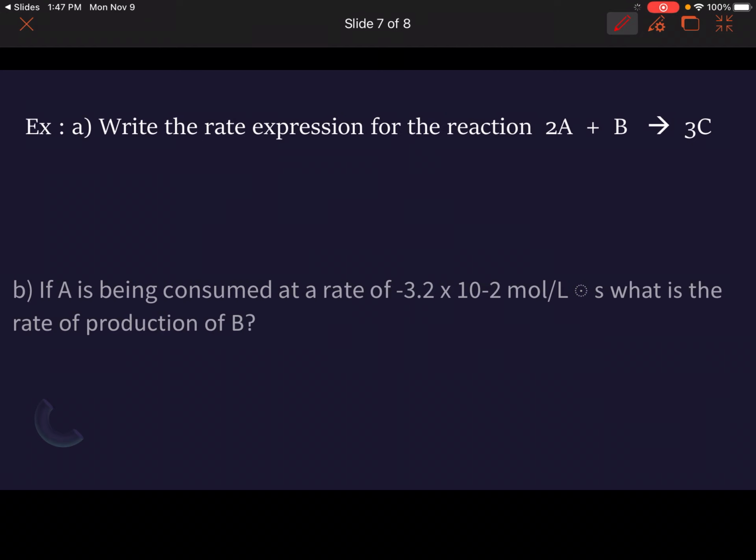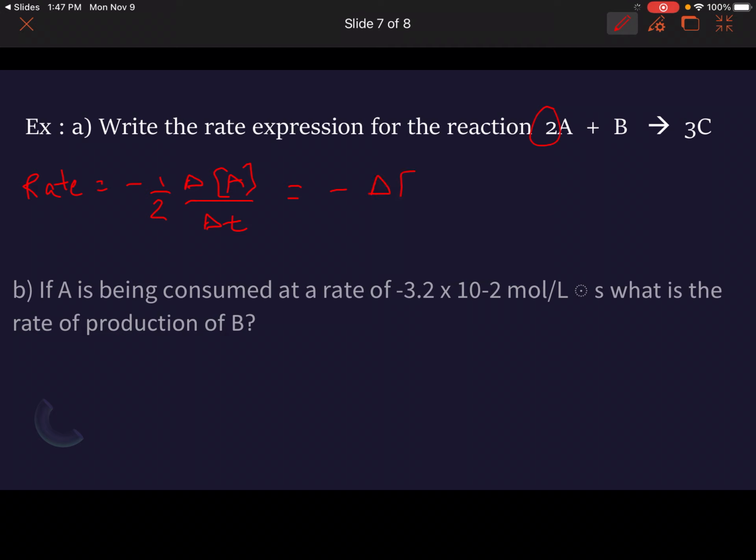Okay. So write the rate expression for the reaction 2A plus B yields 3C. When writing rate expressions, you just look at the balanced equation. Now don't forget your negatives and positives though. Remember, the reactants are going to end up having negative rates because they're being consumed, and the products are being produced, therefore they'll have a positive rate. So I'm going to have negative 1/2 for the first, times delta A over delta T, equals, again, negative delta B over delta T, there's a 1 there so I don't need to write anything.